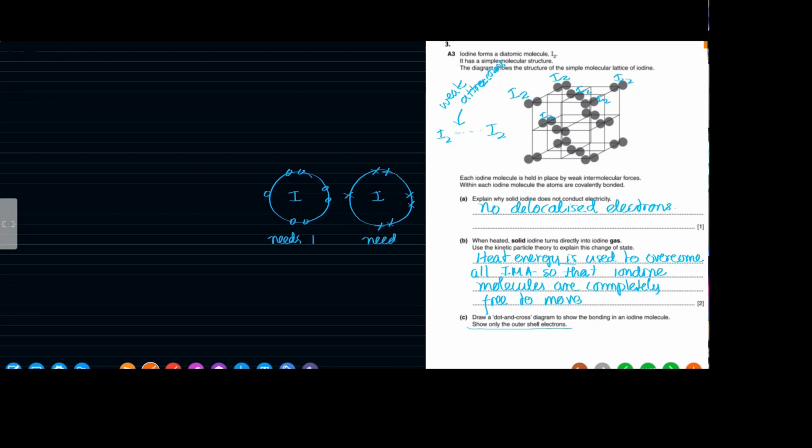So then the fair share policy: you share 1, I share 1, right? So what you get is iodine atoms sharing 1 electron each, and this is I2. All right. Okay.